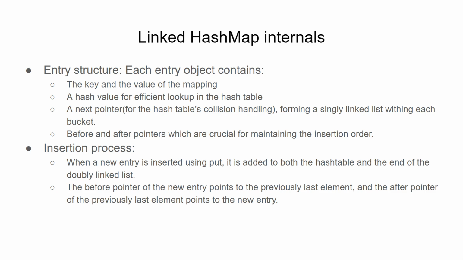And the before and after pointers, this is new, which are crucial for maintaining the insertion order in the doubly linked list, okay? The insertion process: when a new entry is inserted using put, it is added to both the hash table and the end of the doubly linked list, obeying the insertion order, alright?